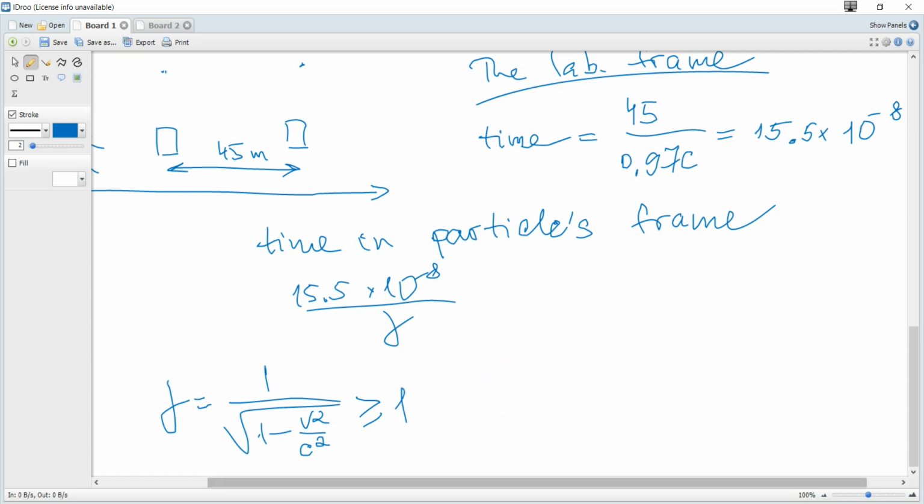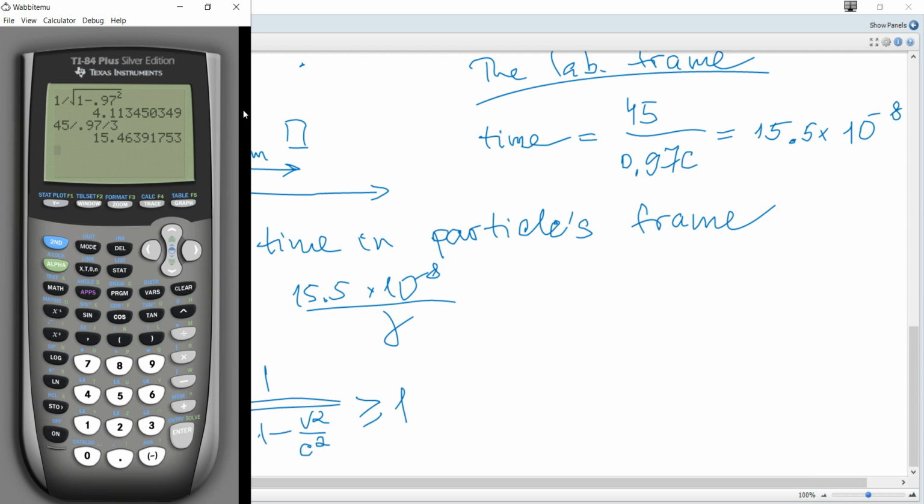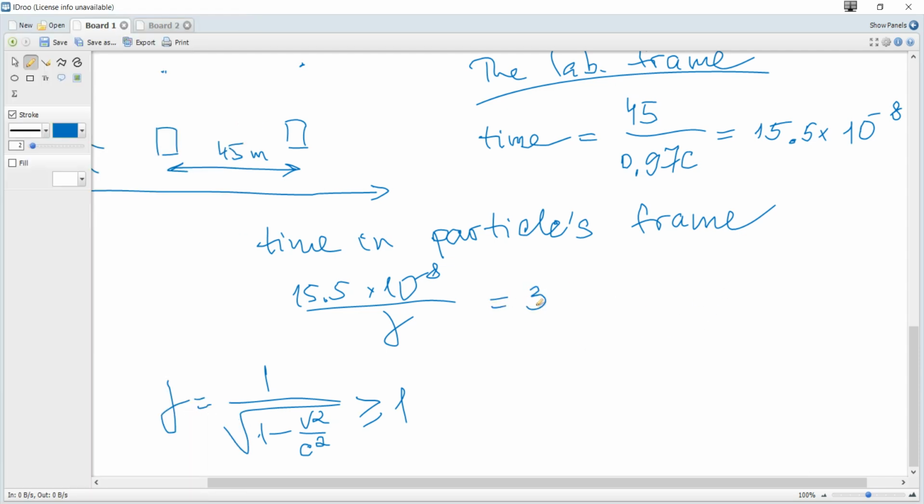For this situation, you can see that gamma is 4.11. So the answer is divided by 4.11, and it's 3.76 times 10 to negative 8 seconds.